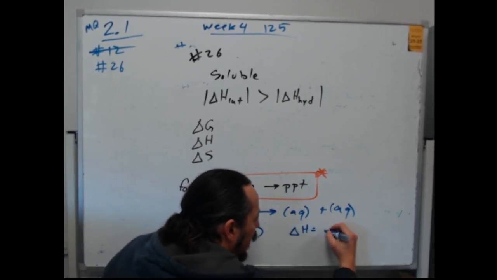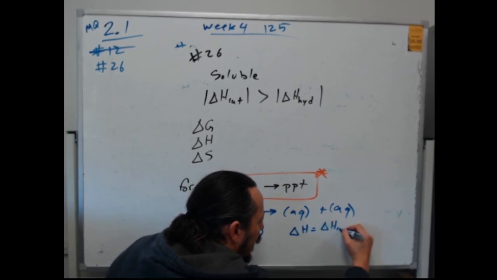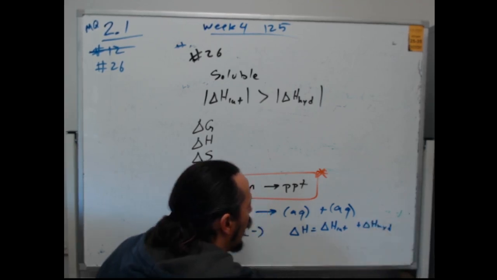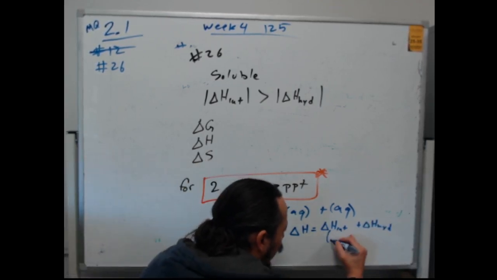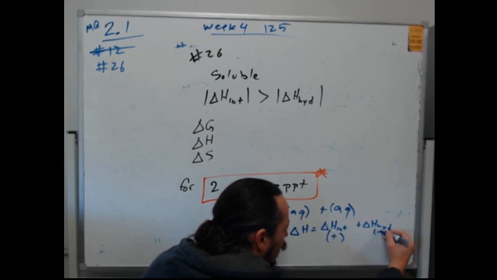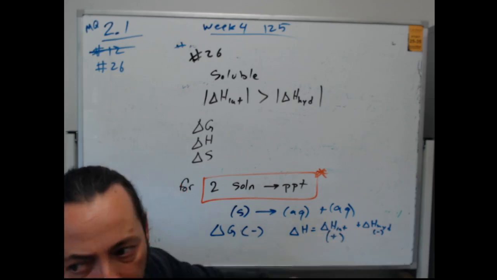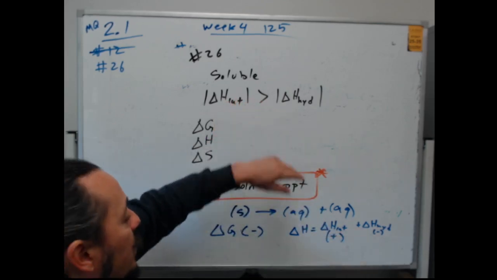Delta H is going to be delta H lattice plus delta H hydration. The lattice is positive. The hydration is negative. I do this cartoon thing where I make the size of my plus and minus different depending on which one's bigger.